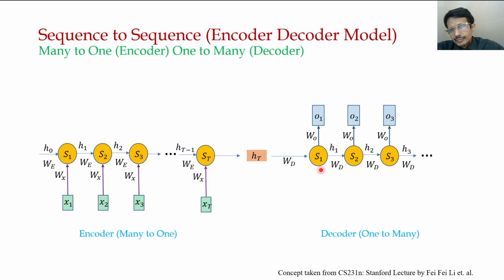Since there is no X1 or any input as such, for this very simplistic understanding, no input is involved here. Now, whatever our H1 is, if multiplied with WO, we get the output. This H2 is multiplied with WO, and so on.